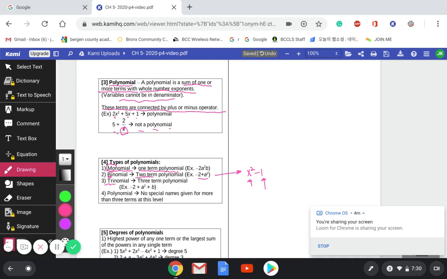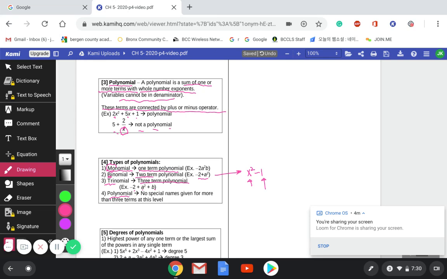Trinomial, tri means three, so a three-term polynomial we call a trinomial. So negative 2 plus a squared plus b, we call this a trinomial. There is no special name given to more than three terms.